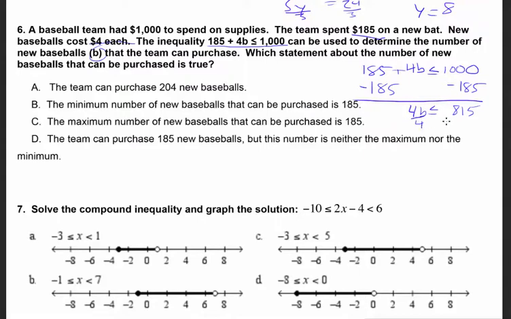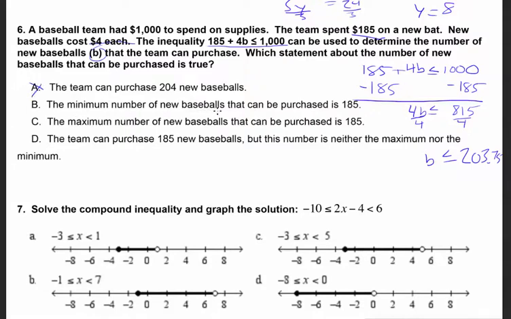And then divide both sides by 4. So I get b is less than or equal to 203.75. So 204 is greater than 203.75. So this is not possible.